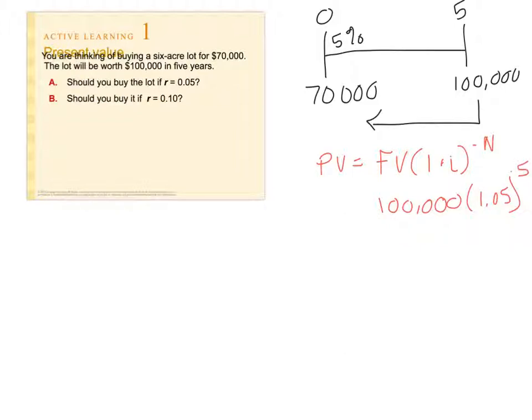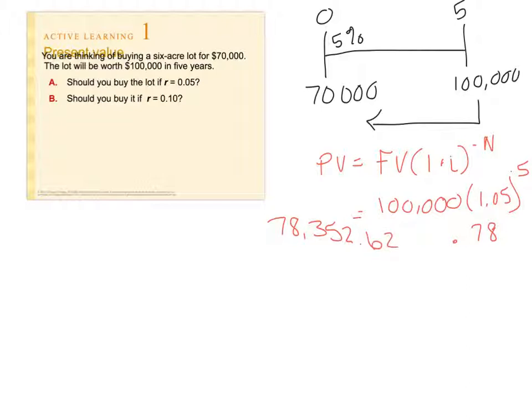So 1.05, hitting the y to the x key, pressing 5, using my plus minus key, that gives me 0.78. Multiplying that by the 100,000 gives me $78,352 and roughly 62 cents.